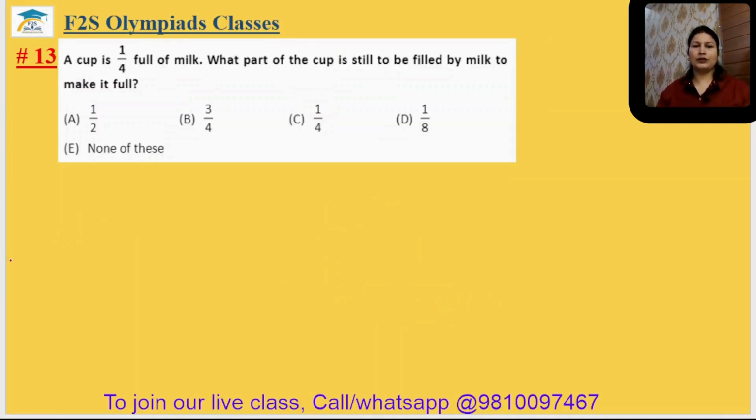Question number 13. A cup is 1/4 full of milk. What part of the cup is still to be filled by milk to make it full? So that cup has one part. उसमें से full कितना है? 1/4. Empty part will be 1 minus 1/4.